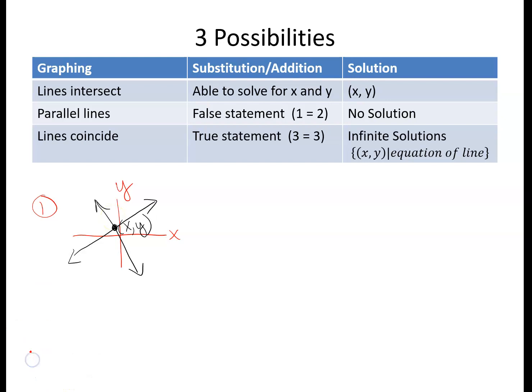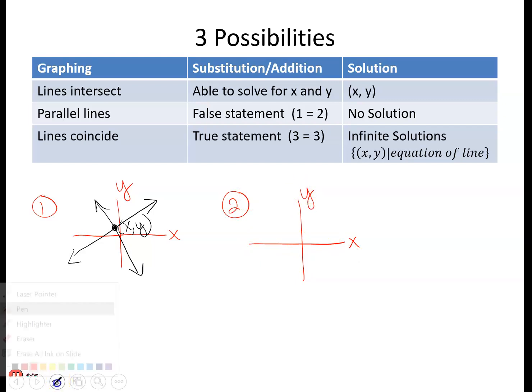Okay, let's think about what else might happen if we graph two lines on the same coordinate system. Another thing that might happen is they could be parallel. Look in our table, that's the second row here, parallel lines.